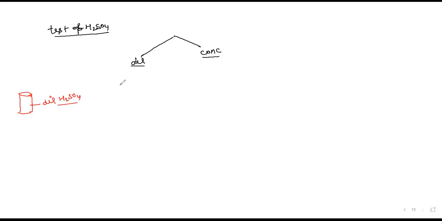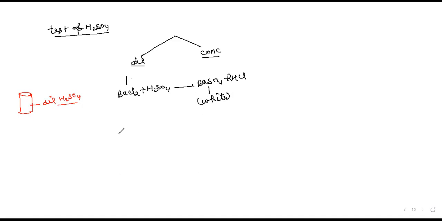When barium chloride reacts with dilute H2SO4, it gives BaSO4 as a white precipitate.